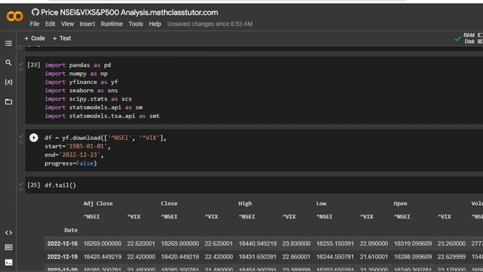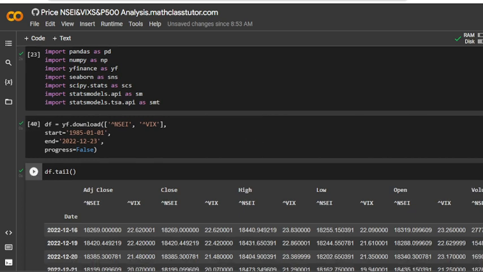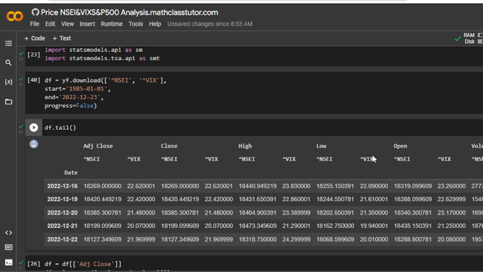I have already collected the data from Yahoo Finance, and I am running it. I want to see the tail, which means the last 5 rows.